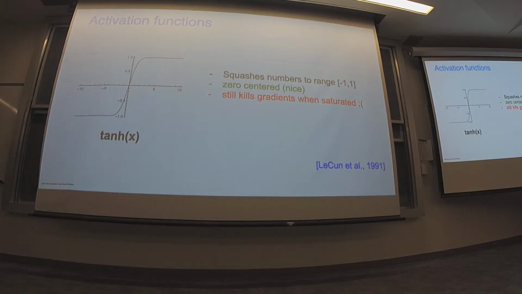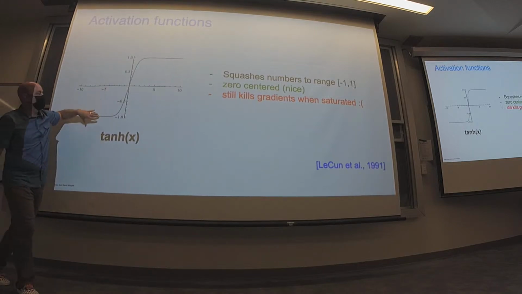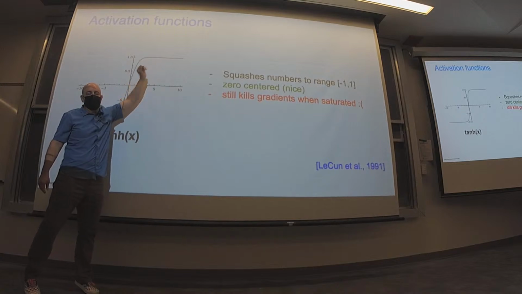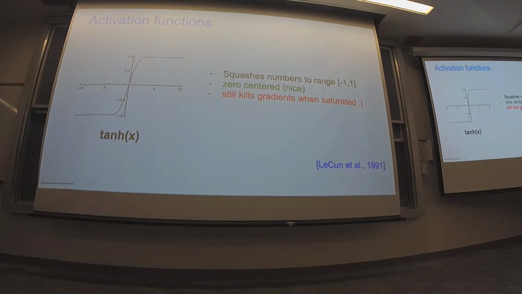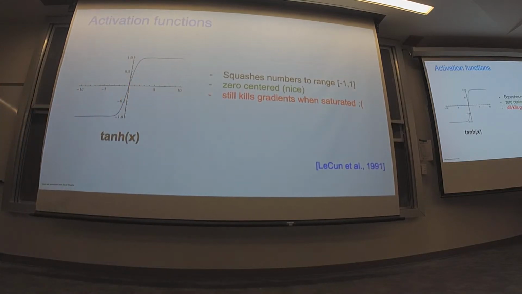After 2 or something like that, it's basically 1. And again, you're going to have these saturated gradients, or saturated functions. You mean you have the vanishing gradients. The gradient here is essentially 0 on this part of the activation function. But doesn't this make it less sensitive to outliers?